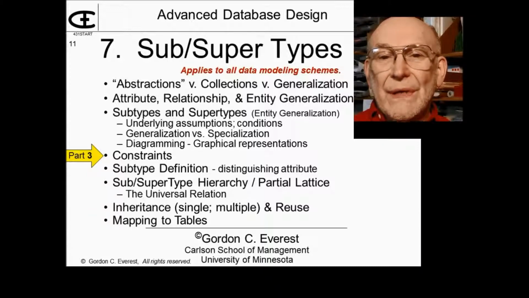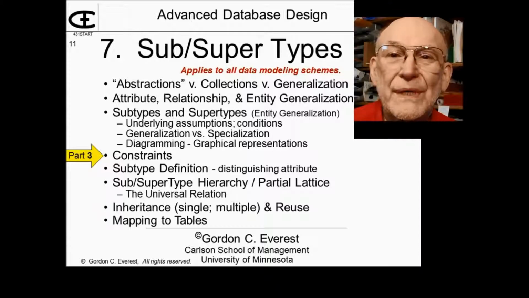We also discuss how membership in a subtype can be well defined based upon attributes of its supertype. We will end with an example of using subtype supertype structures in a subscription database for a periodical journal.